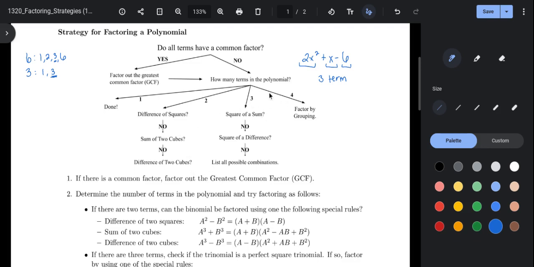If it's a 3-term polynomial like the one we have here, we have 3 different possibilities to run through. Is it a square of a sum, a square of a difference, or if none of those, then we can try some other strategies to help us list all possible combinations of factors. And if it's a 4-term polynomial, then we're going to factor by grouping.